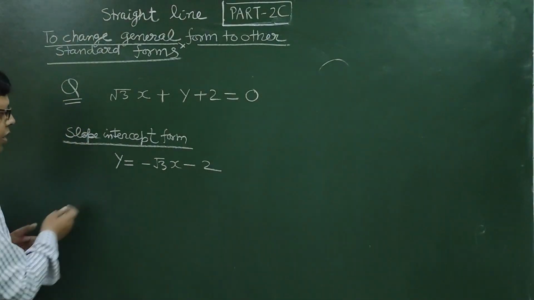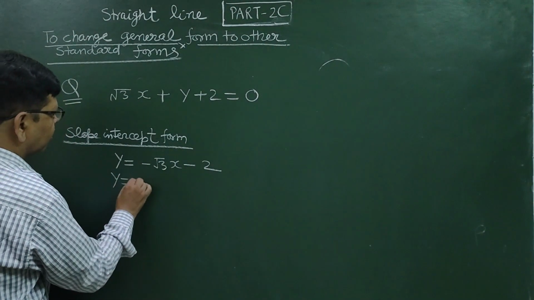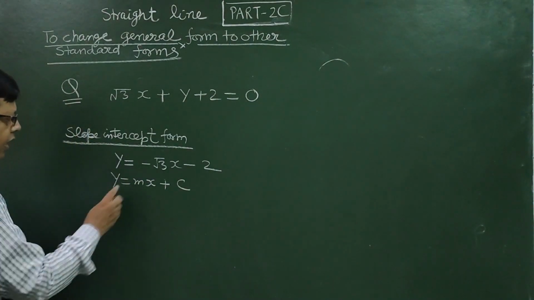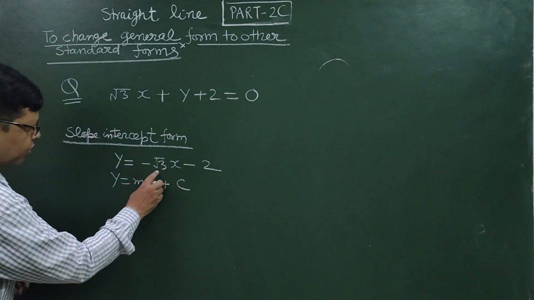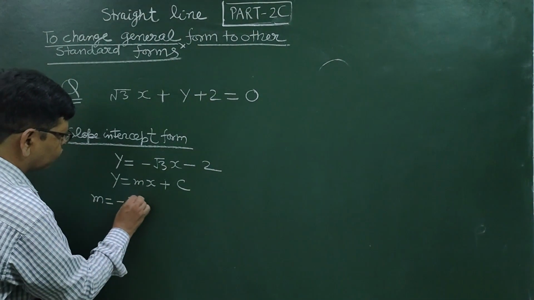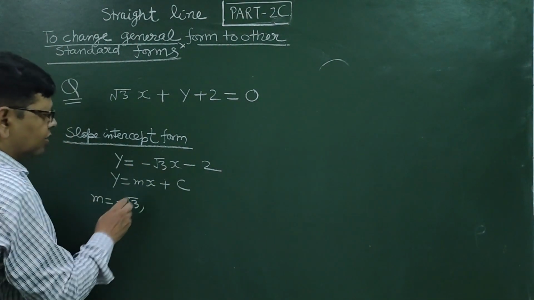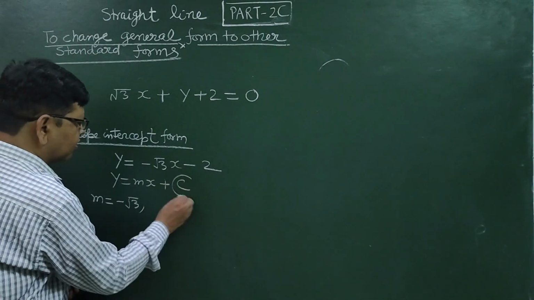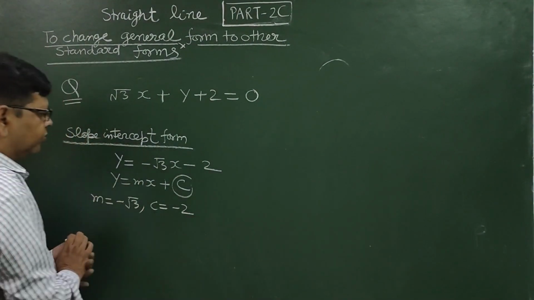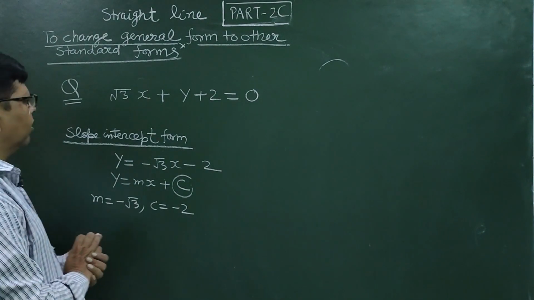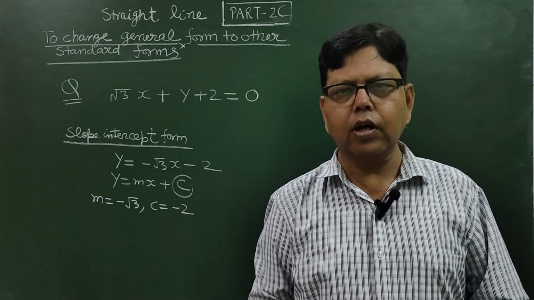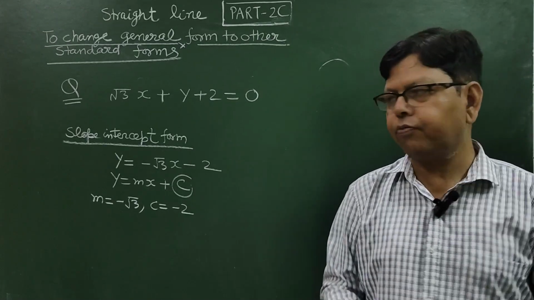Now if I compare it with the equation y is equal to mx plus c, then on comparing, the coefficient of x is minus root 3, so the slope of the line is minus root 3. And the y-intercept is minus 2. Now I will convert this general equation to the intercepts form.